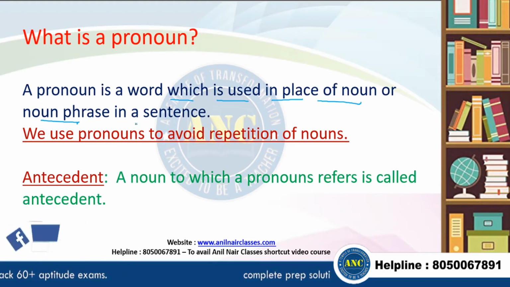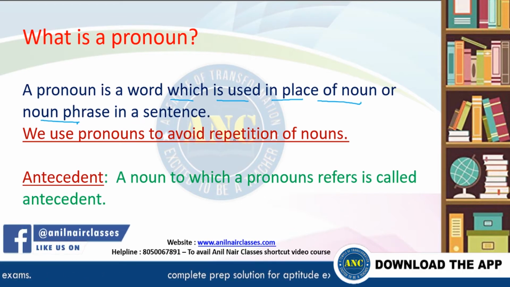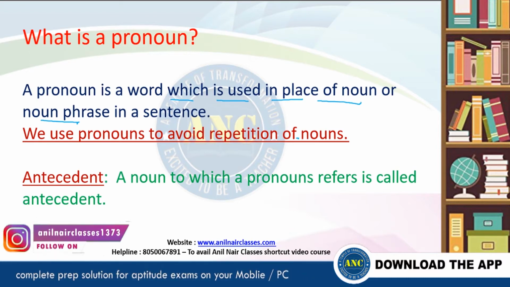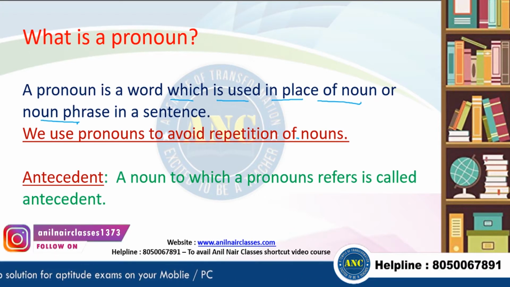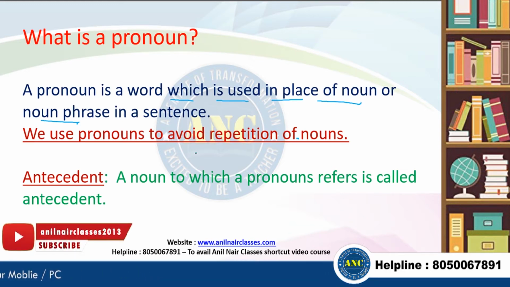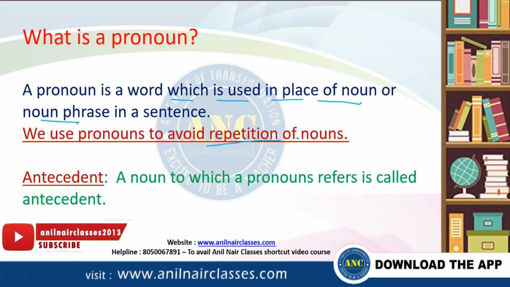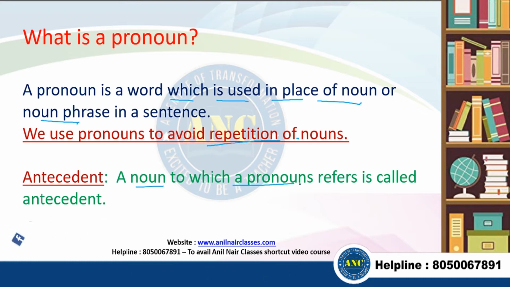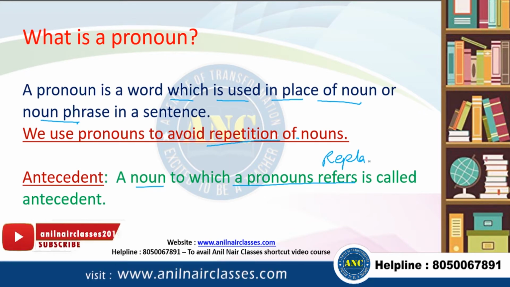The reason behind using a pronoun is that we want to avoid the repetition of nouns. Clear? So simple words which are used instead of nouns are called pronouns. We use pronouns to avoid the repetition of the nouns. Now, they refer to the noun, so the noun to which your pronoun refers or which it replaces is called the antecedent.